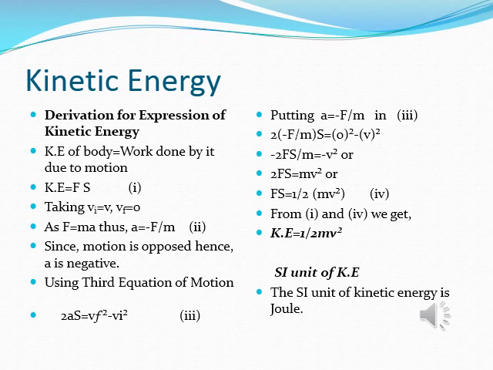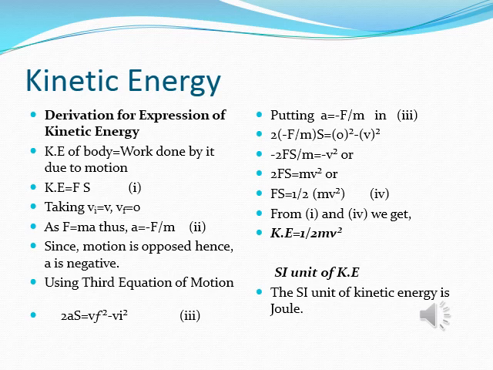Now, using third equation of motion, 2as is equal to Vf square minus Vi square, and putting in the values of acceleration, final velocity and initial velocity, we come to the conclusion for work done as given in equation 4, Fs equals half mv square.